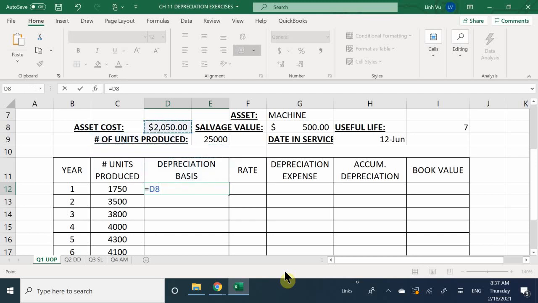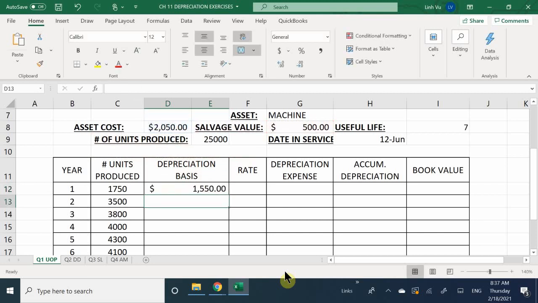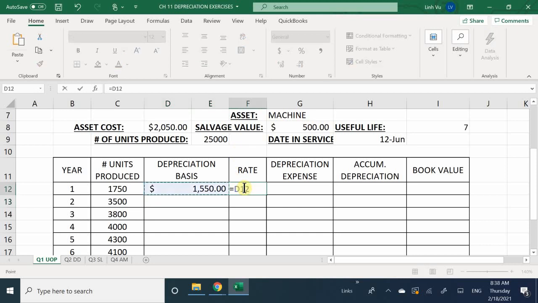It is going to be your asset cost minus your salvage value. Good. All right. What's my rate going to be?